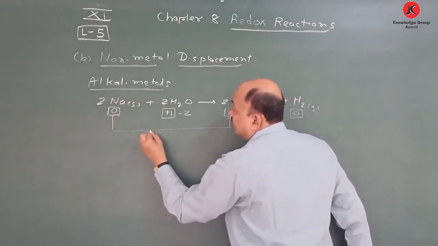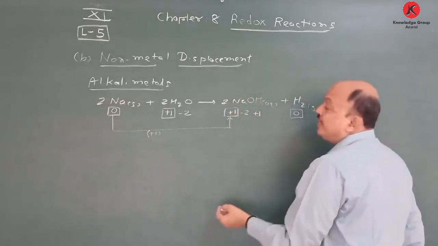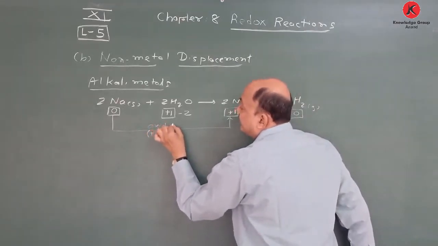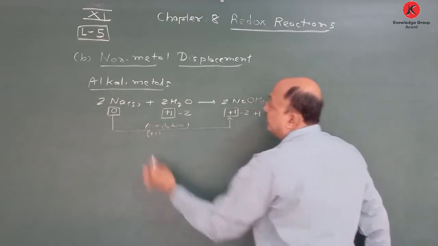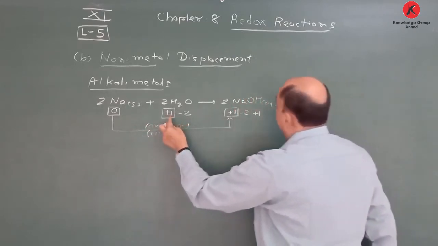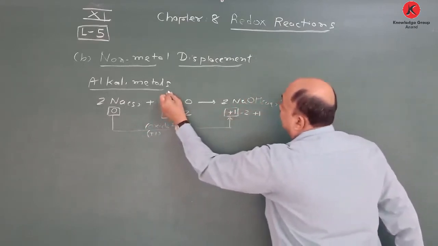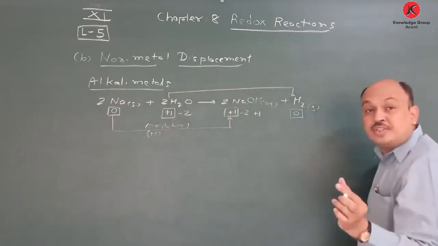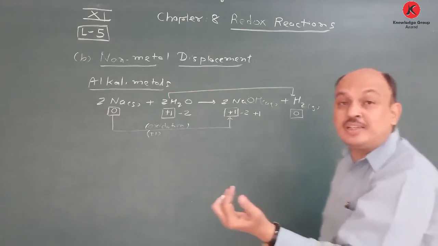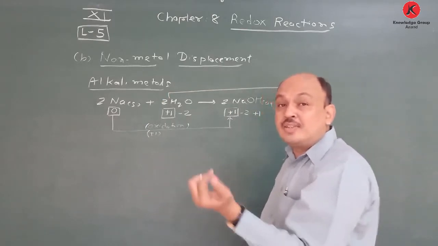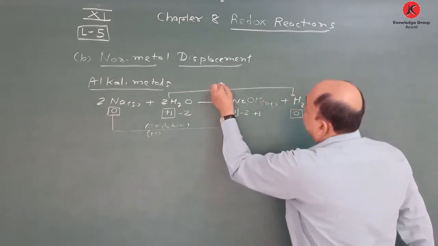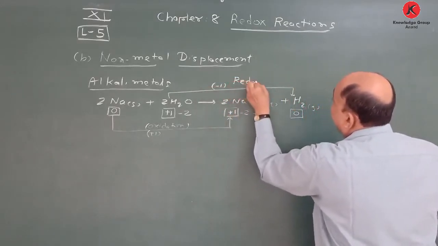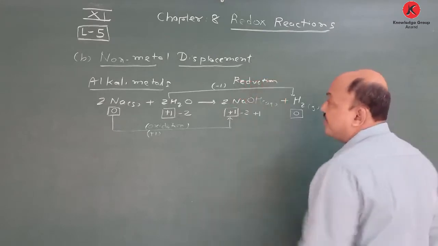So what does this indicate? Which reaction is there? Oxidation reaction. And the next one is plus 1 to 0. Plus 1 to 0 means what? It is reduced.